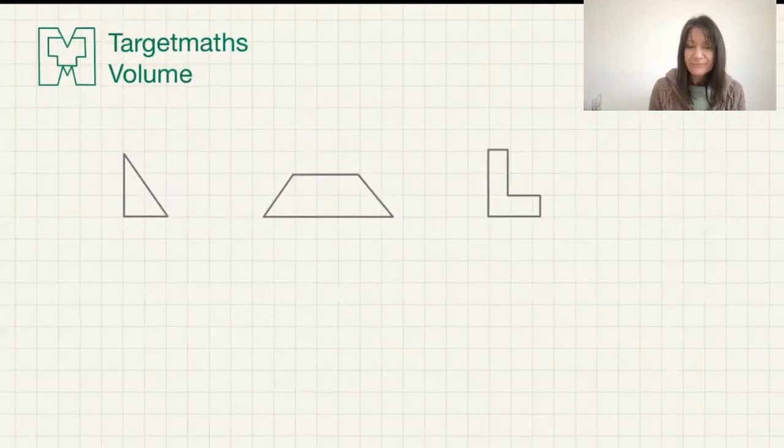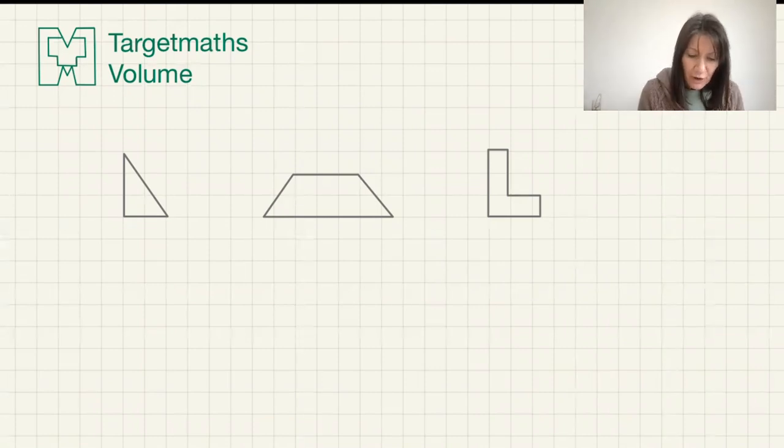So, on to volume. Now, I said in the last session, if you're good at area, if you know those formulas, then you should be able to do surface area and volume with ease. And I really mean with ease, because the main skill is still area.